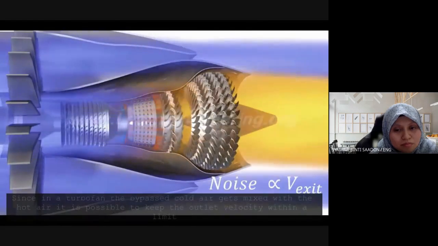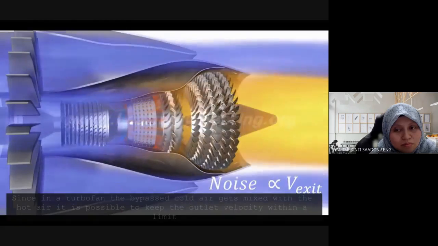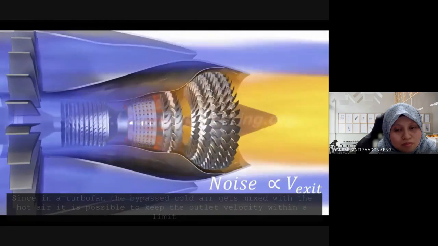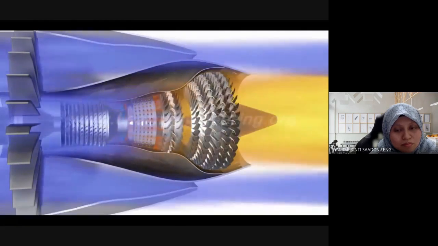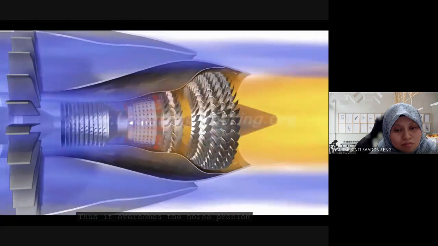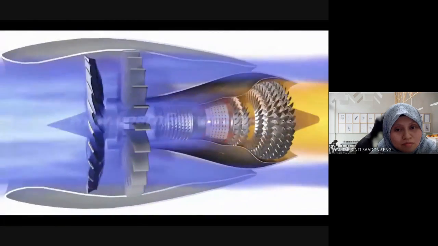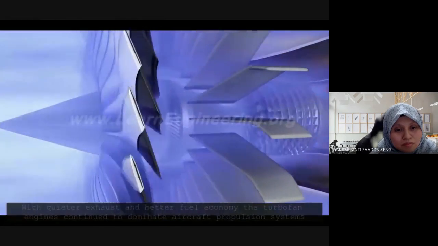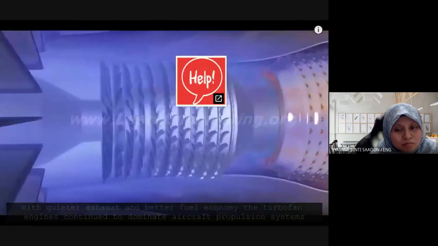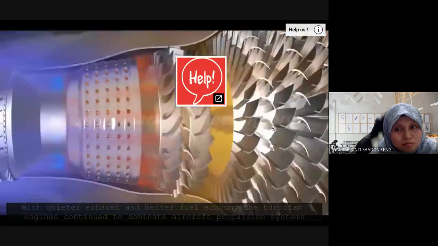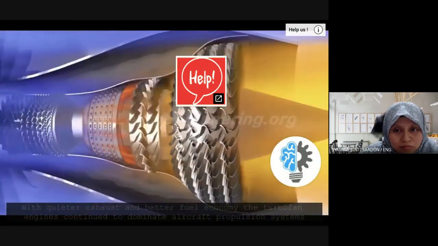Since in a turbofan, the bypassed cold air gets mixed with the hot air, it is possible to keep the outlet velocity within a limit. Thus, it overcomes the noise problem. With quieter exhaust and better fuel economy, the turbofan engines continue to dominate aircraft propulsion systems.